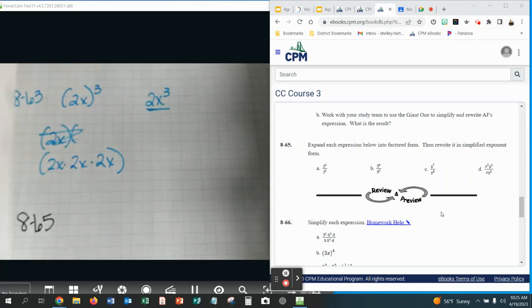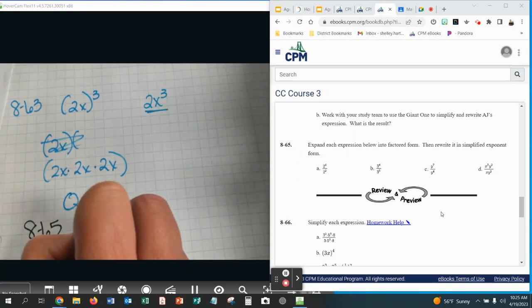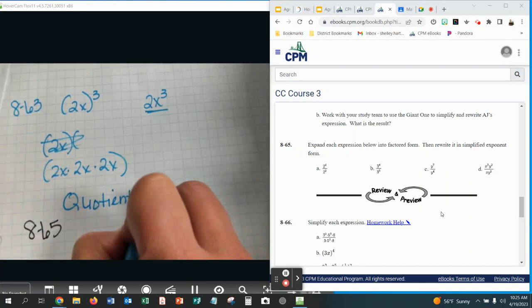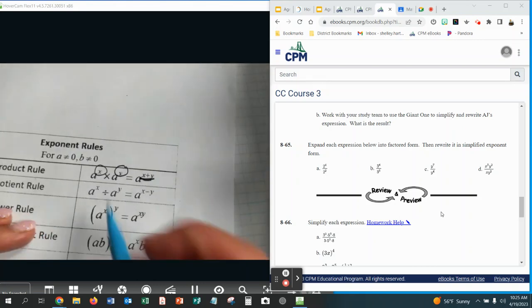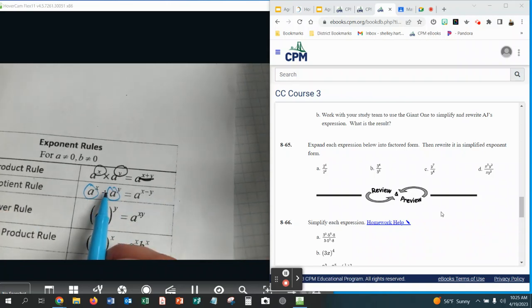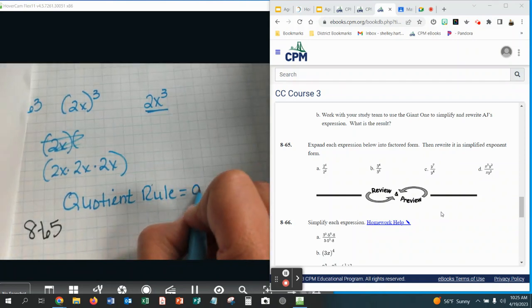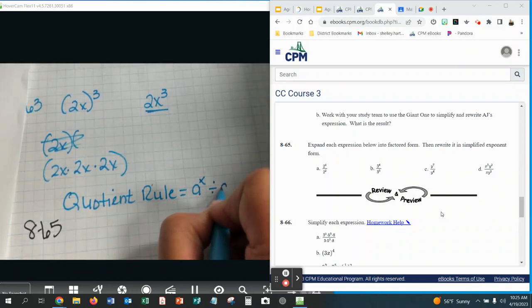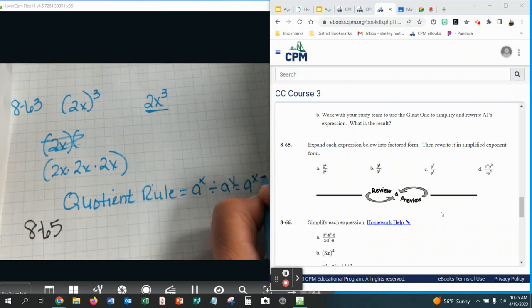The quotient rule basically states that when you have the same base with exponents, they subtract. I'll show you what that means right now.